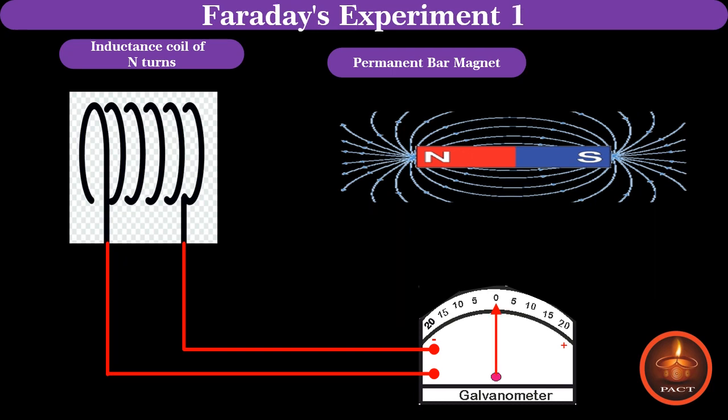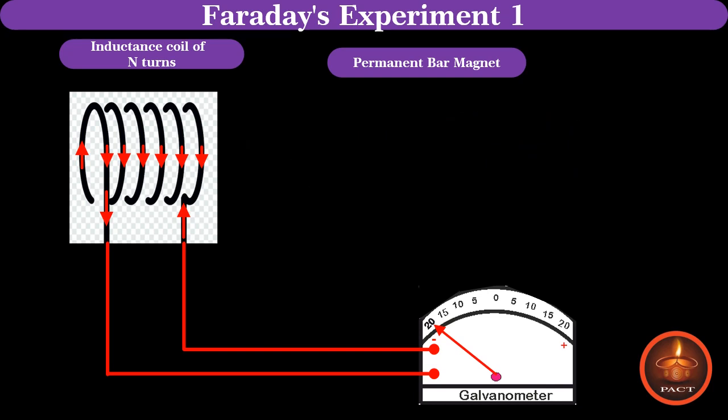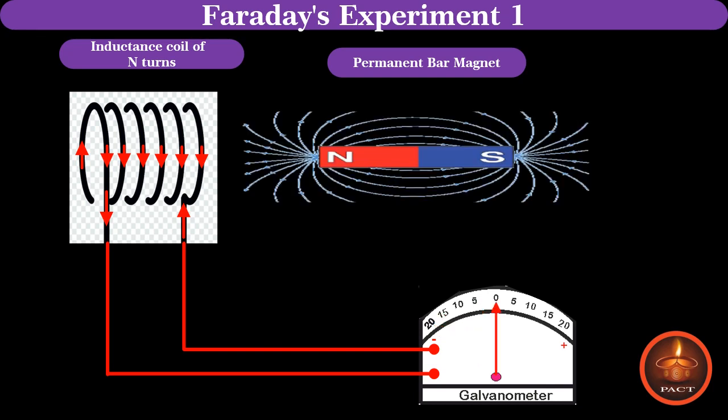Friends, Michael Faraday did not stop his experiment at this stage and continued. This time, he moved the magnet towards the coil faster than the earlier speed and the deflection of the galvanometer was found to be more. And again, when the magnet became stationary, the pointer came back to zero.